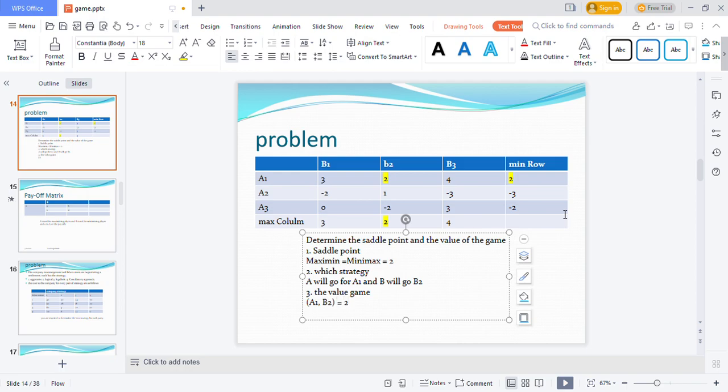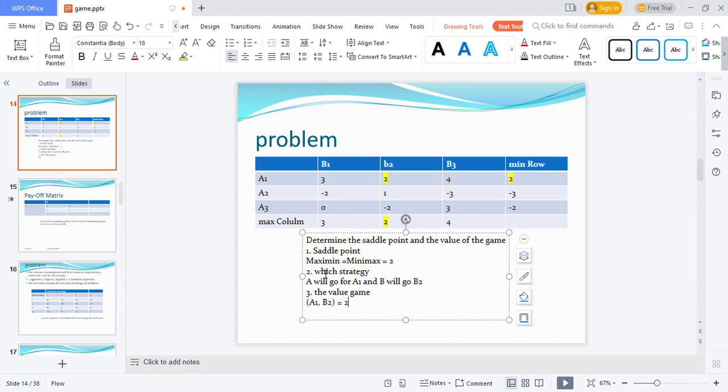That's the value of the game. That's the payoff. If the players are taking a decision, their decision will be based on the outcome, and the outcome which they get is 2. So our saddle point becomes 2, and the value of the game becomes 2.